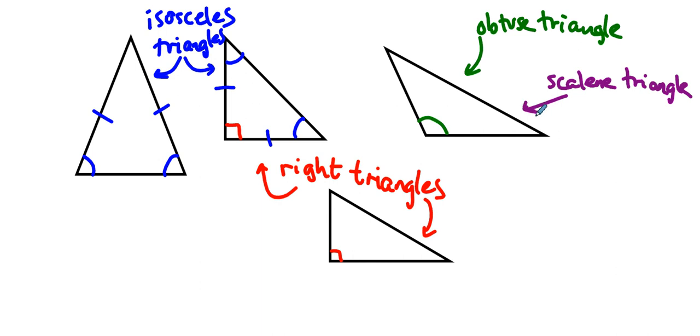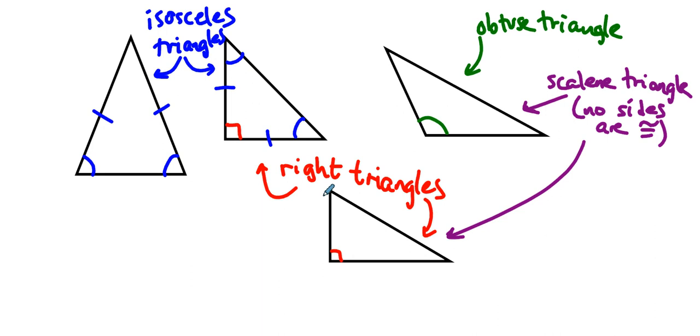This happens to be a scalene triangle because no sides are congruent. Now, it also happens that this one looks like it's scalene. No sides are congruent. So when a triangle has no congruent sides, we call it scalene.